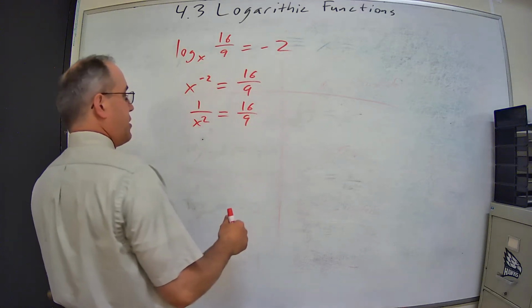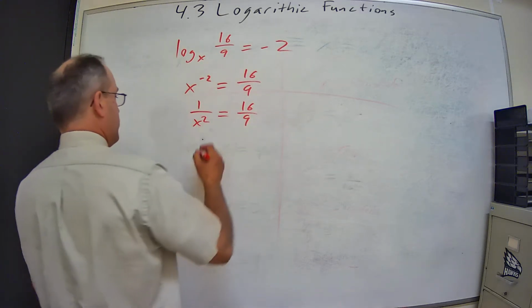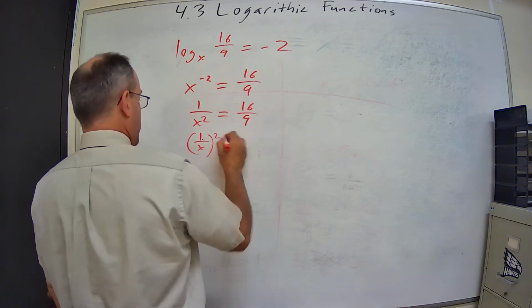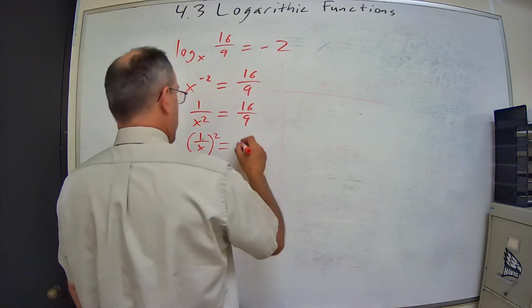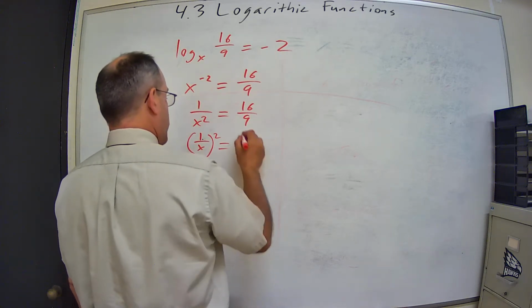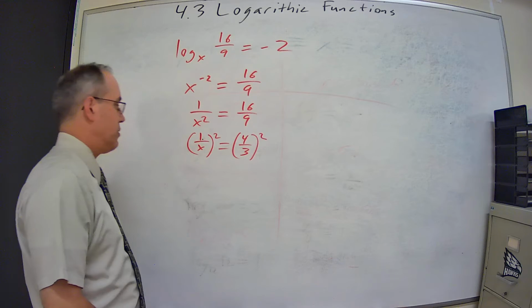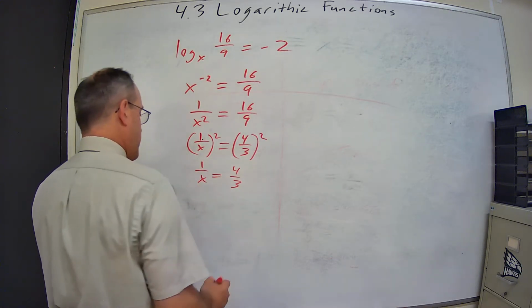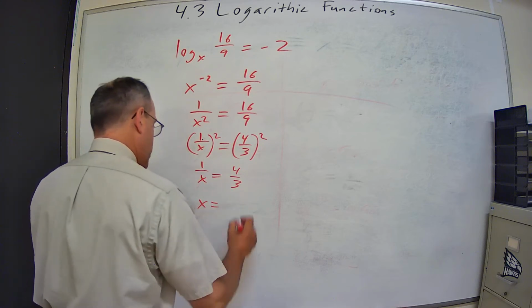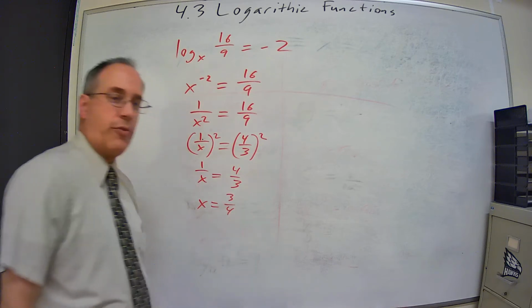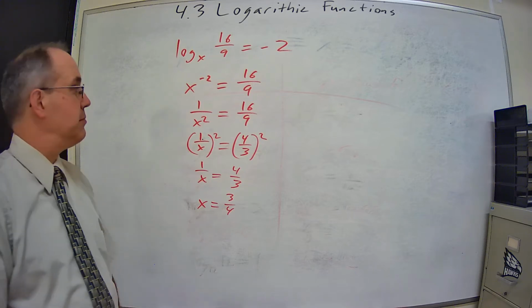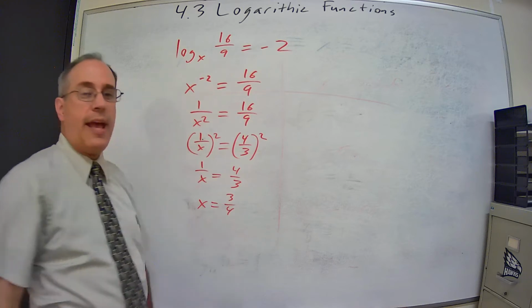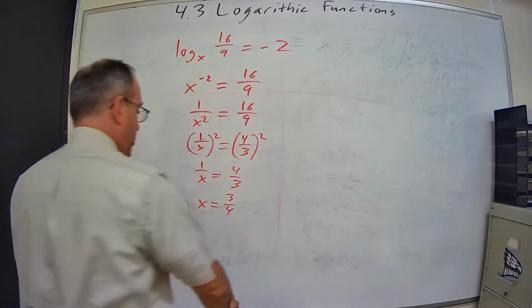Well, 16/9 is 4/3 squared. So we could put this as 1 over x squared is equal to 4/3 squared. So 1 over x is equal to 4/3, or x is equal to 3/4. Because we were able to take it from a logarithmic form and put it in exponential form. Well, let's do another one.